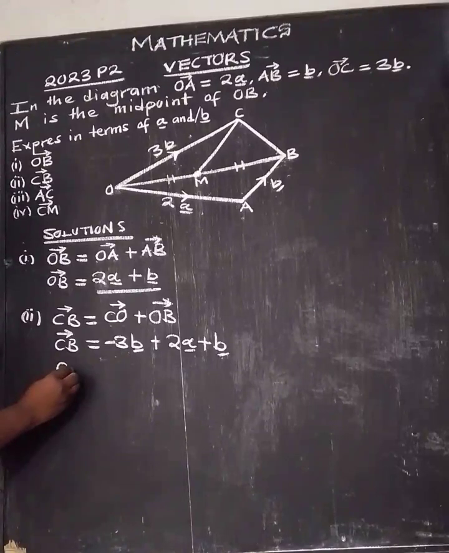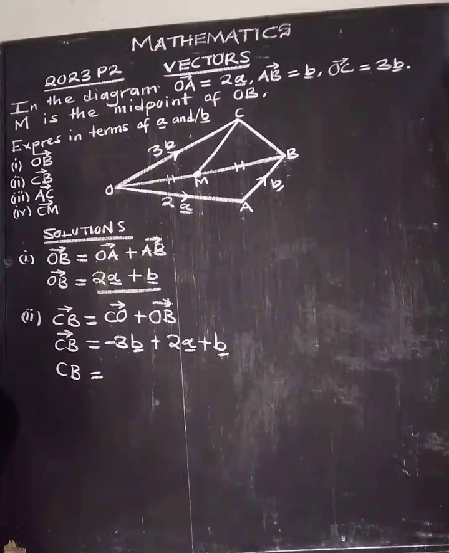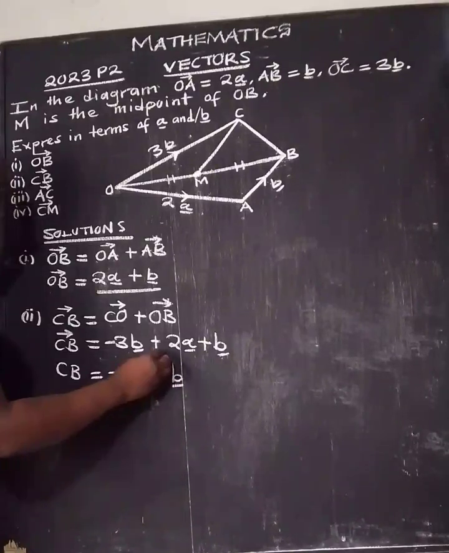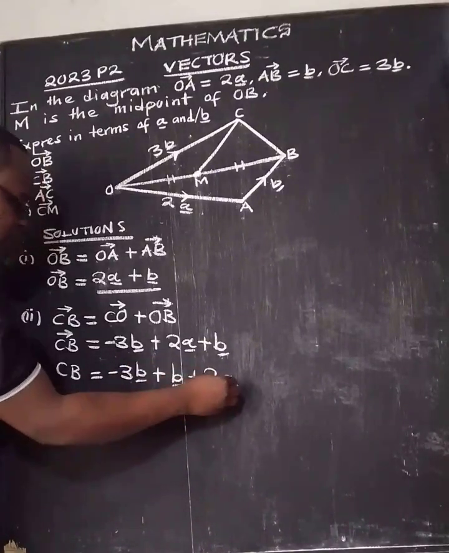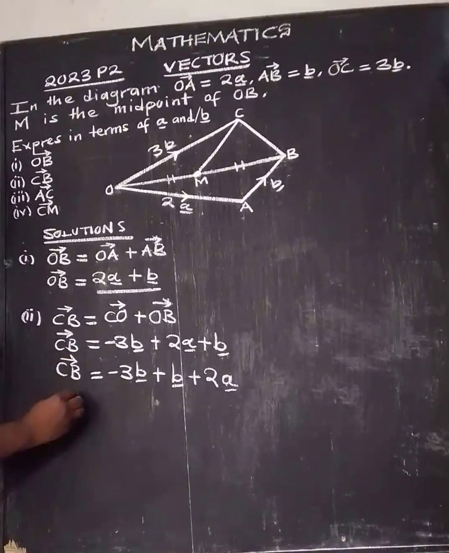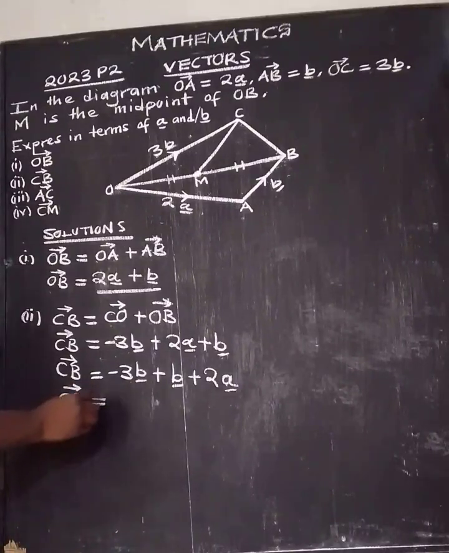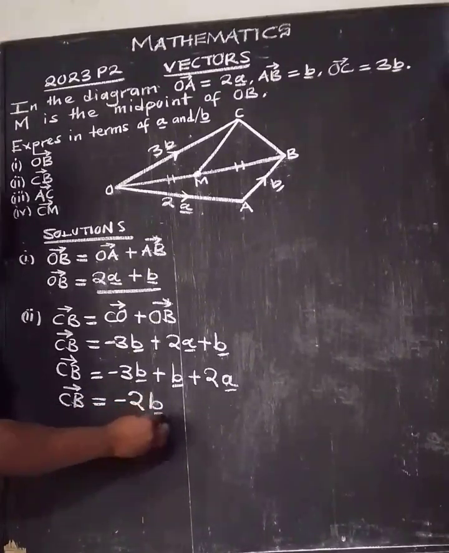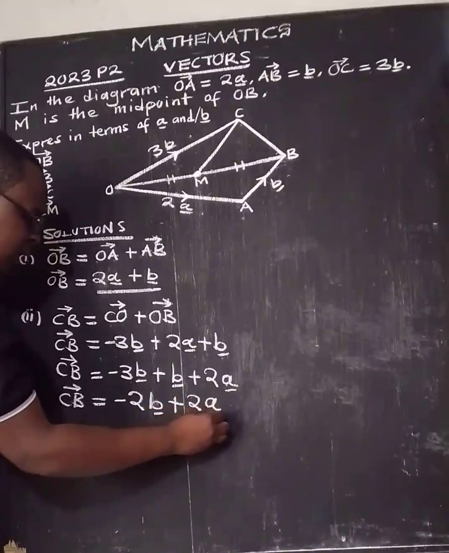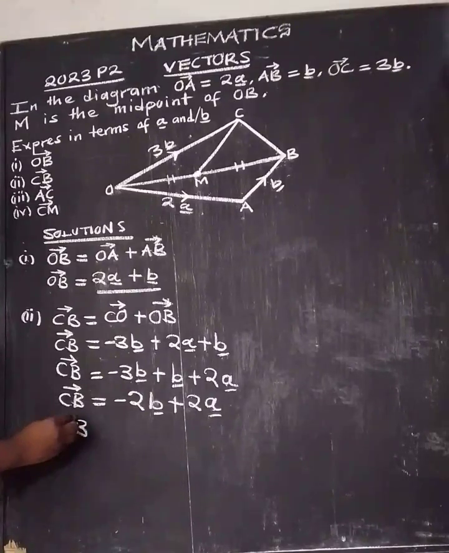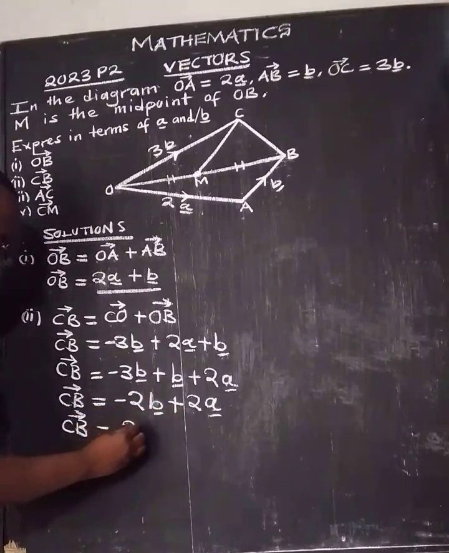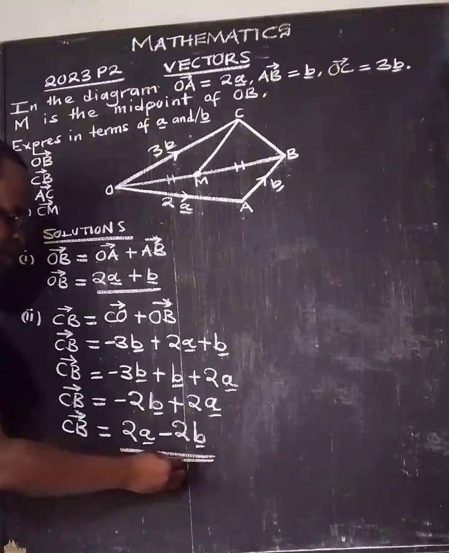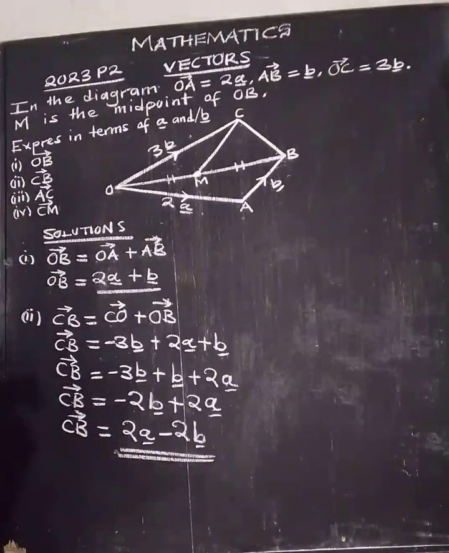So CB is equal to negative 3 vector B plus vector B, then plus 2 vector A. Negative 3 vector B plus vector B gives negative 2 vector B, plus 2 vector A. So you can start with a positive: 2 vector A minus 2 vector B. So this is our answer. This is our CB.